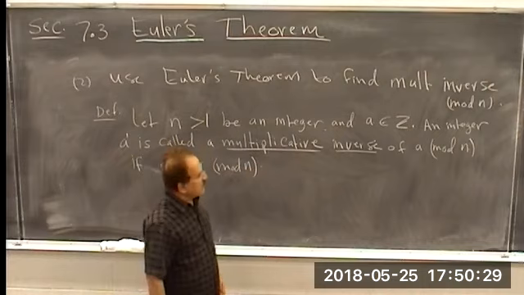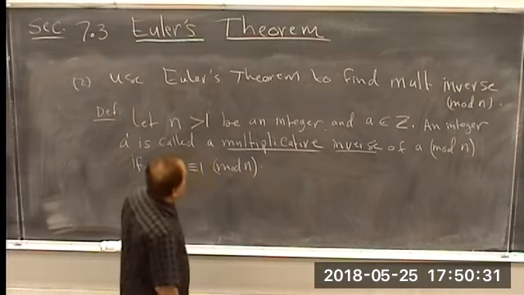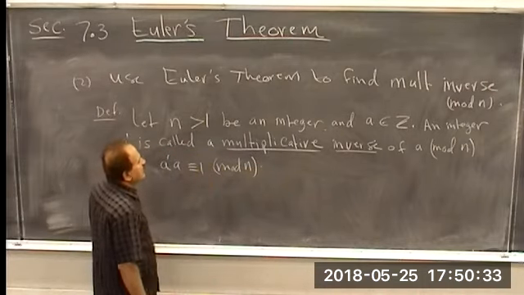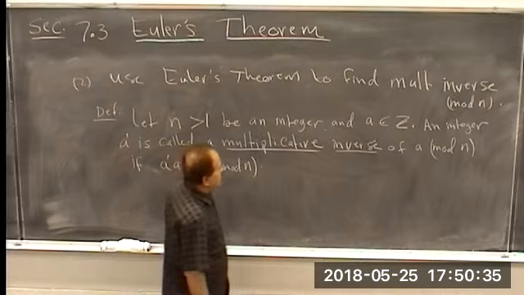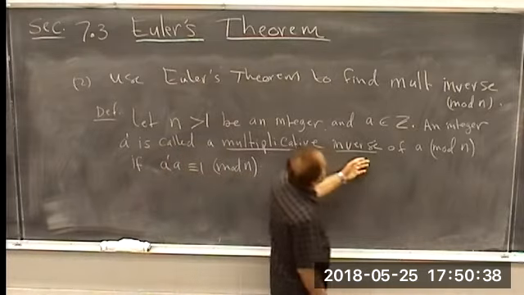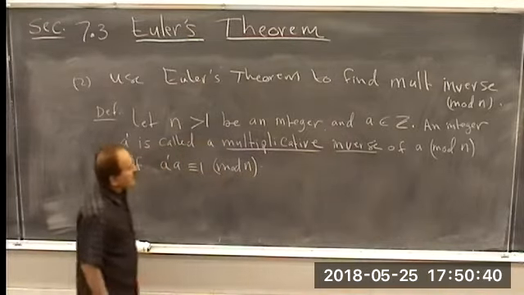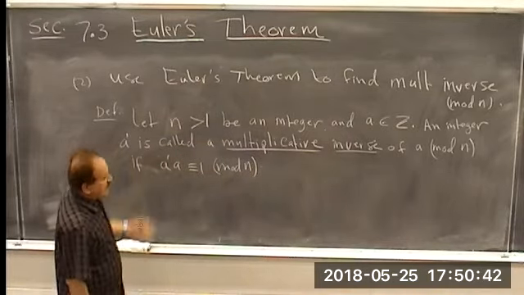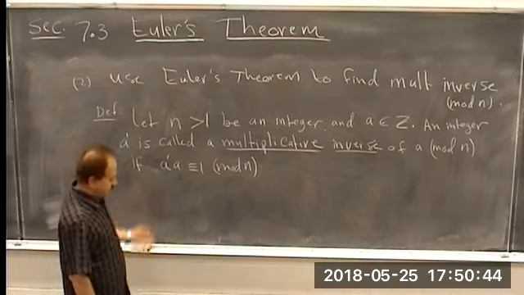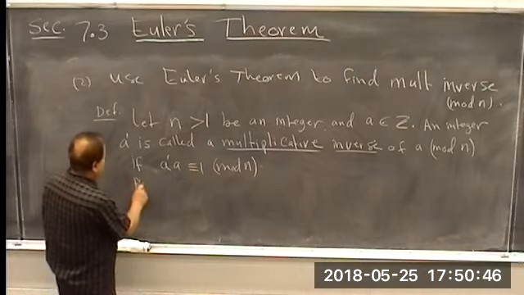Now, the first thing we want to notice is that in order for an integer a to have a multiplicative inverse, it must be relatively prime to n. And this is an if and only if. So we have this remark.